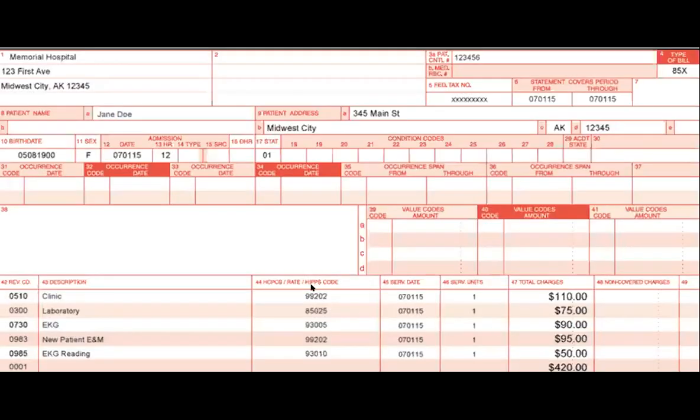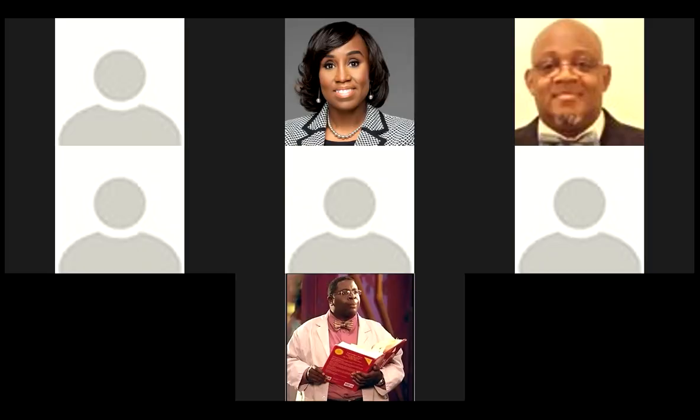So now you know that these are CPT codes. Okay, so other than that, those are some of the major things that you need to know about that claim form. And we have just officially finished domain 4.